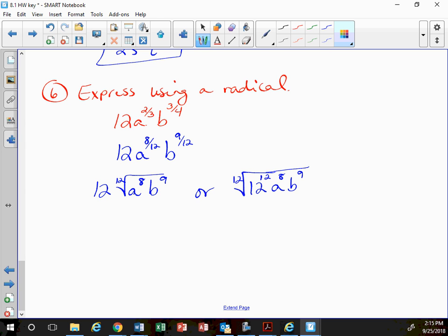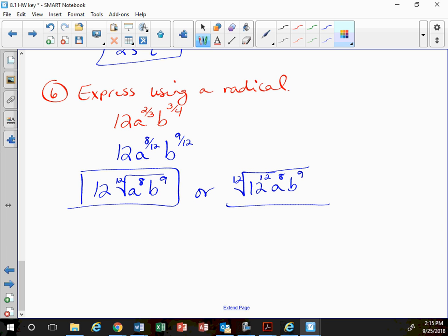I don't like that as much. I would do the first, but this is correct, and I would accept that. Do you see why just putting a 12 under there is not okay? Yeah, because that's the 12th root of 12, not just 12. Okay, does that one make sense?